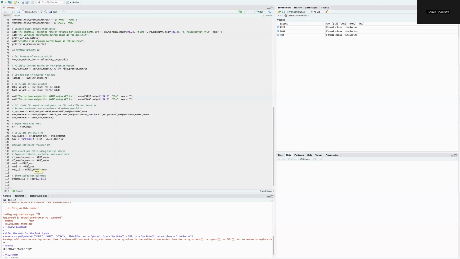So this is just for now. The weight of the second asset will be 1 minus the weight of A1.